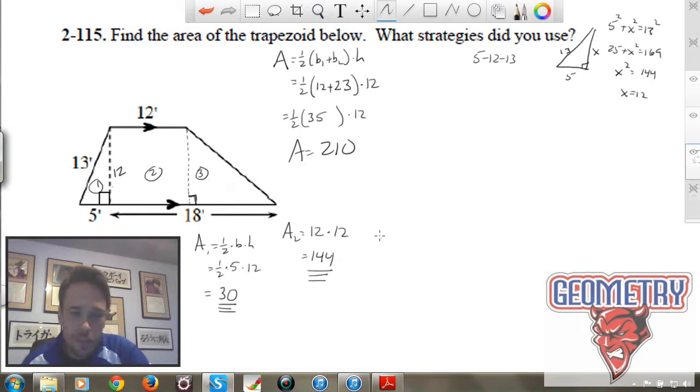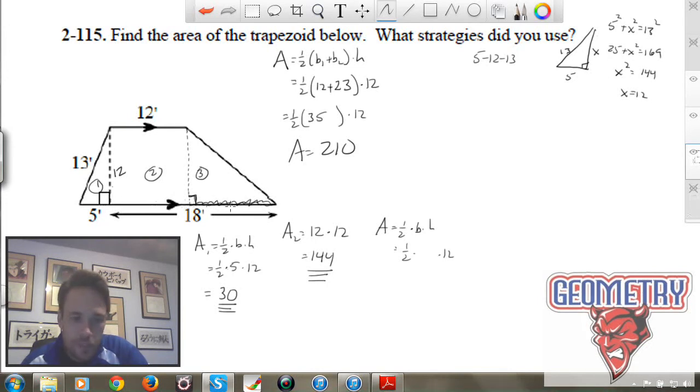And the third one here is also a triangle, so 1/2 base times height. Let's get the easy part first here, which is the height, which is 12. So we have 1/2 times 12. Now the base, it isn't 18, right? 18 is the whole section. We just want this part right here.